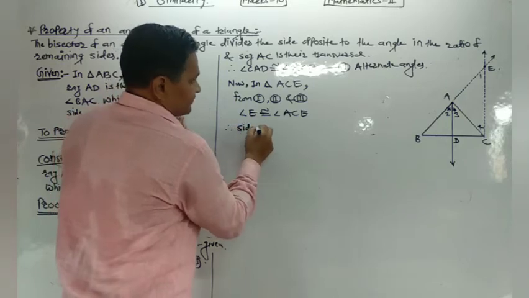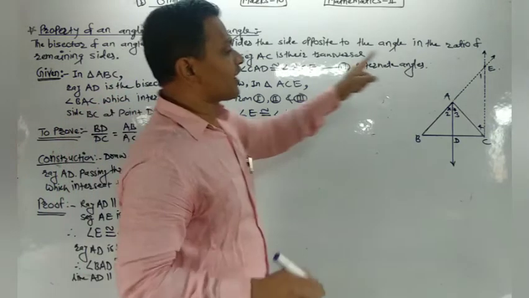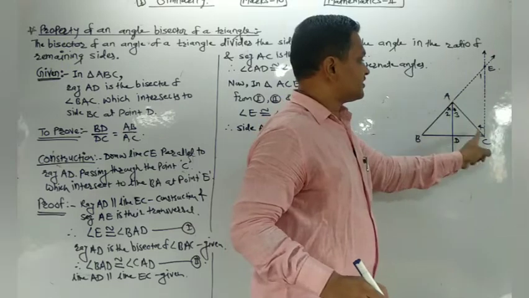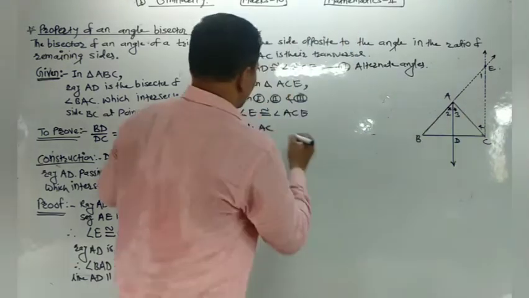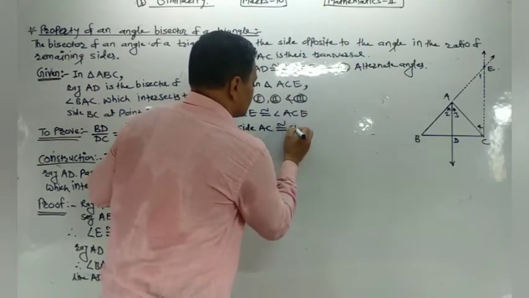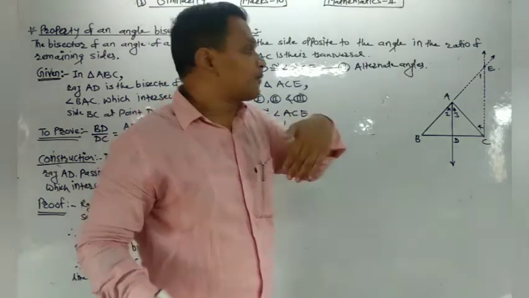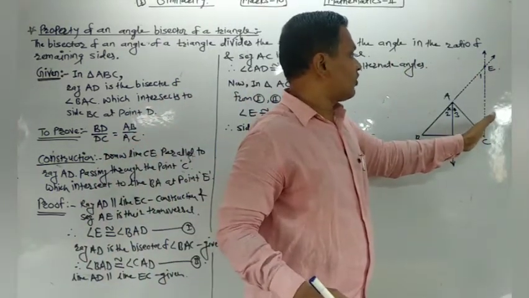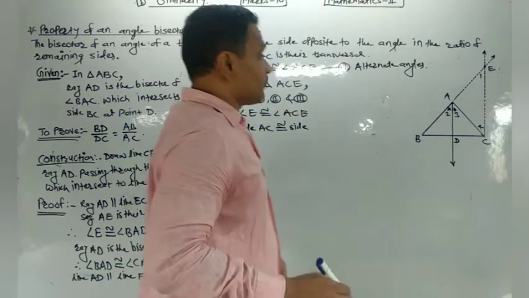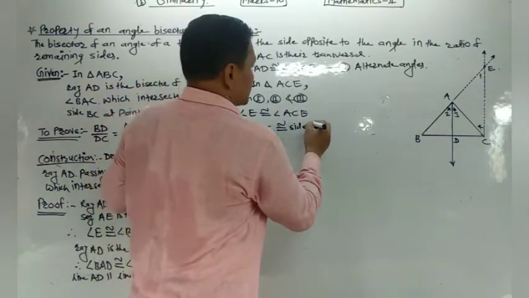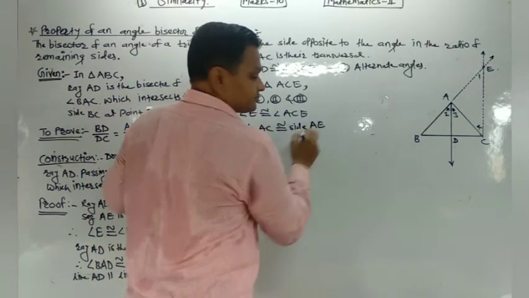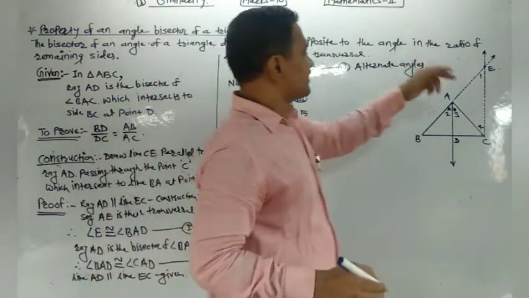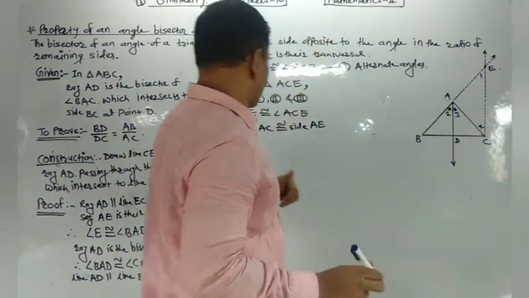side AC, which is the side opposite to angle E, right? Side AC is congruent to the side opposite to angle ACE, angle number 4. AE is the side opposite to angle 4, right? Means side AC is congruent to side AE, right?